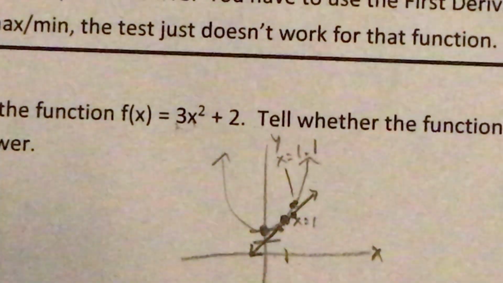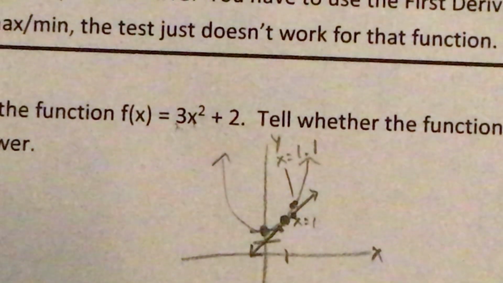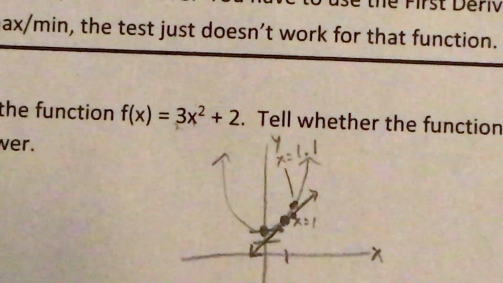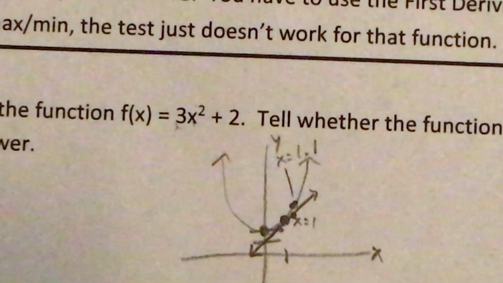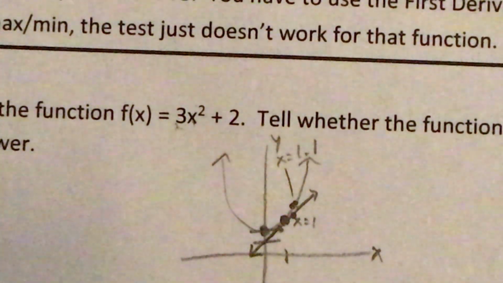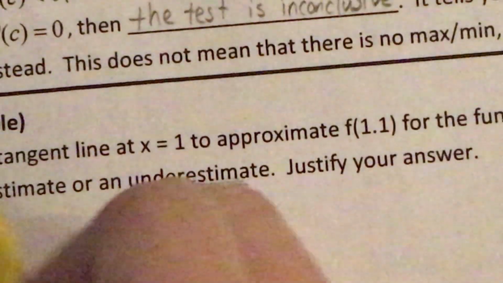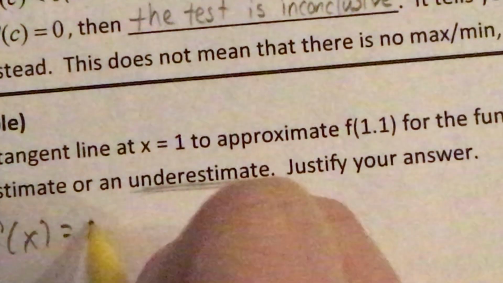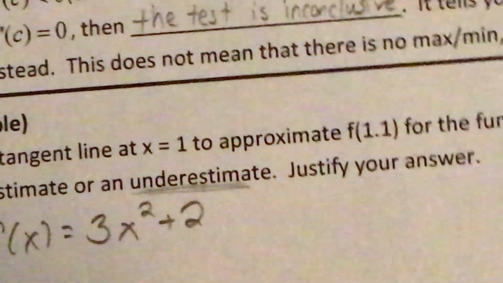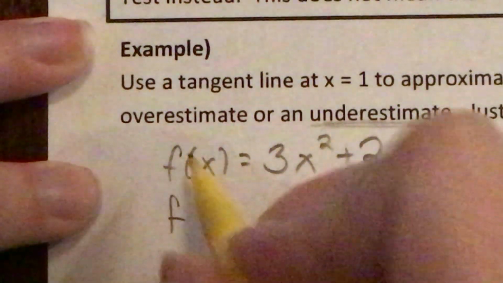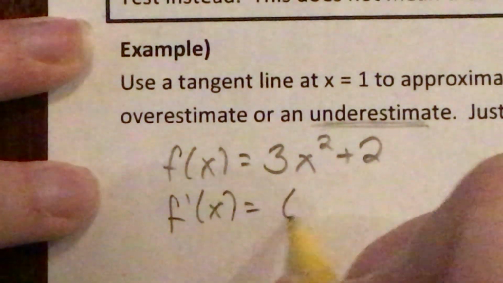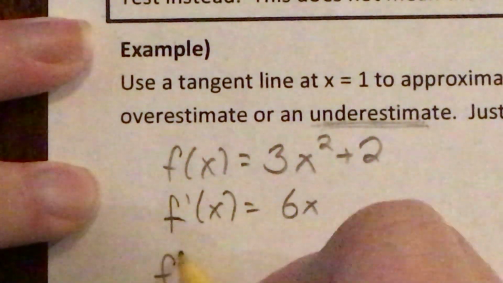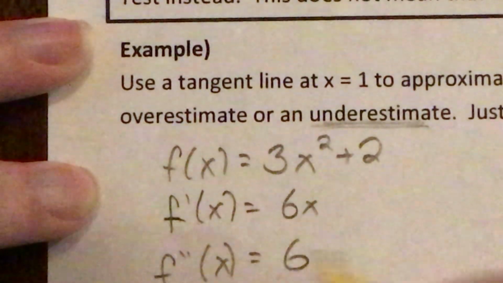We already know that that's what it's going to be, but I'm going to give you reasoning to justify it. So let's start by finding the first derivative. f of x equals 3x squared plus 2. f prime of x equals 6x, and f double prime of x equals 6.